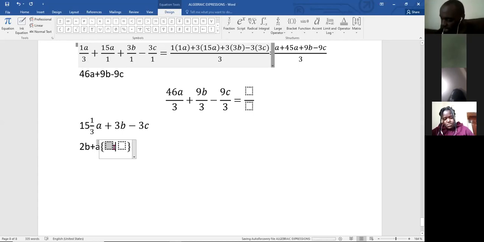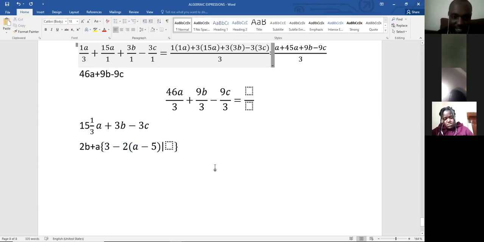What do we have inside here? 3 minus 2. And then you open the bracket here: a minus 5. This part is not here, so I'm wondering how to remain this.